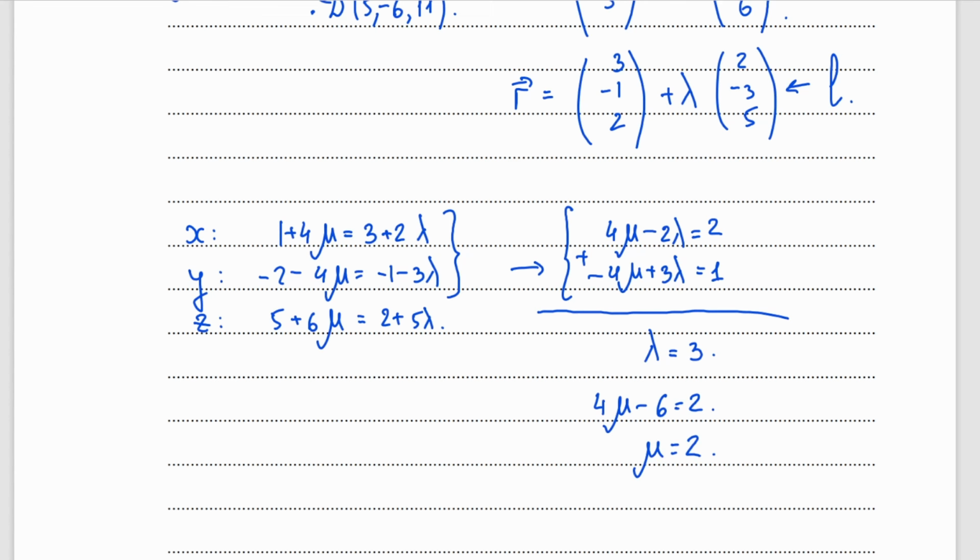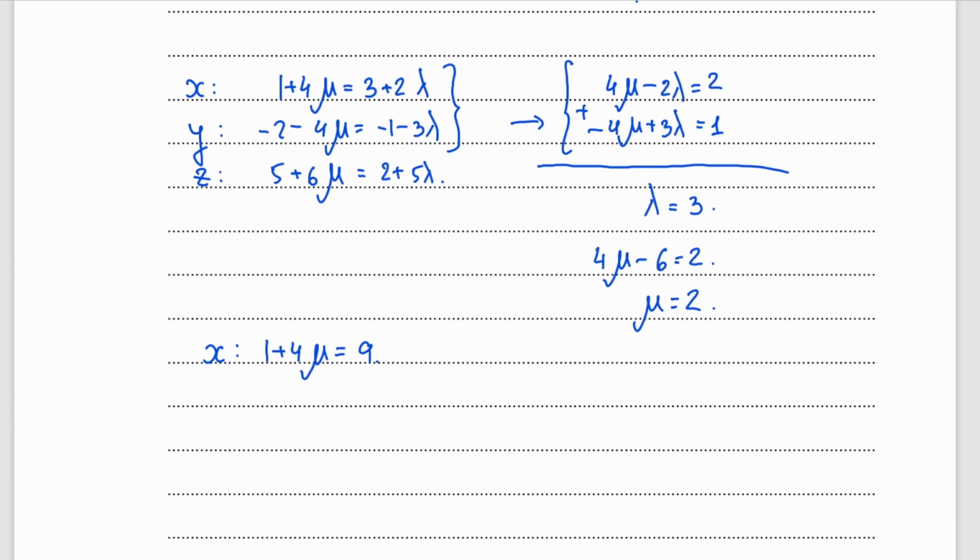Now let's substitute those lambda and mu into our equations for the x, y, and z coordinates. For the x coordinate, I will get 1 plus 4 mu, and that is 9. For the y coordinate, it's minus 2 minus 4 mu, which is minus 10, and for the z coordinate, 5 plus 6 mu will give us 5 plus 12, which is 17.